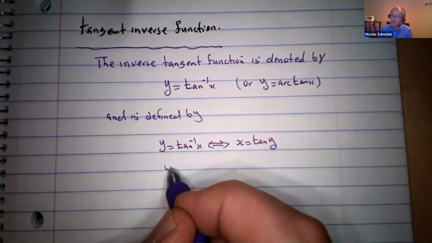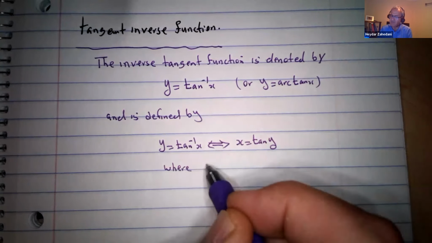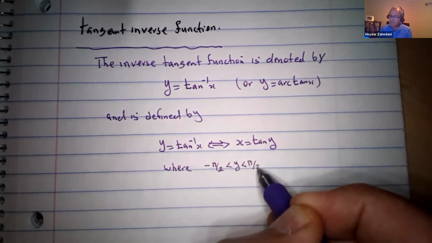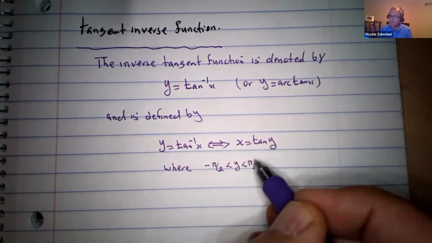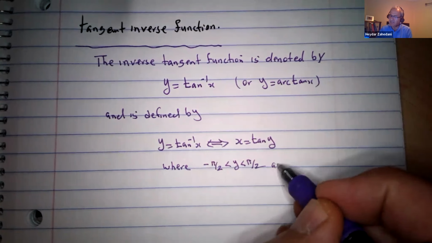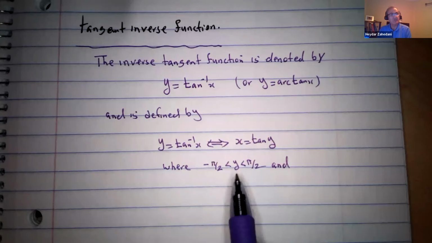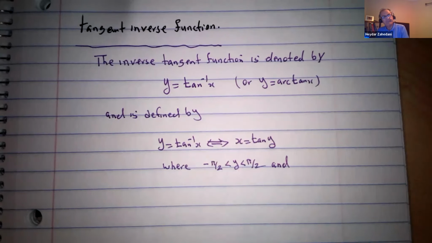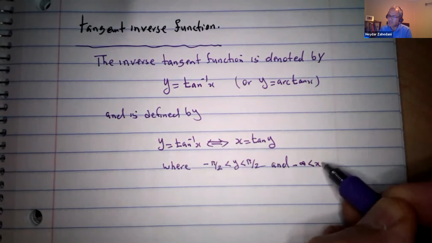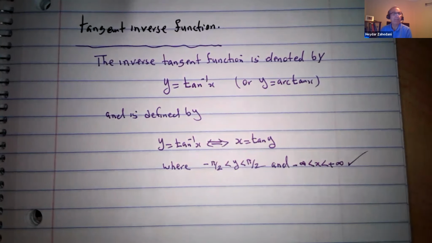Again, y is going to be between negative pi half and pi half. You know that the tangent of pi half is infinity, or undefined, and the tangent of negative pi half is negative infinity. That tells you that x is going to be between negative infinity and positive infinity.